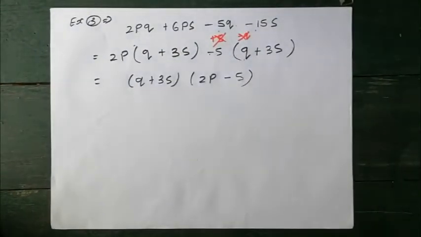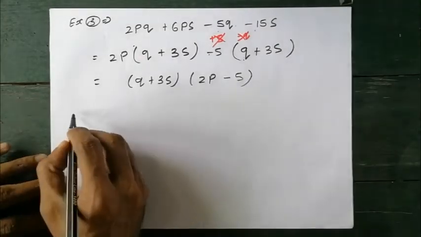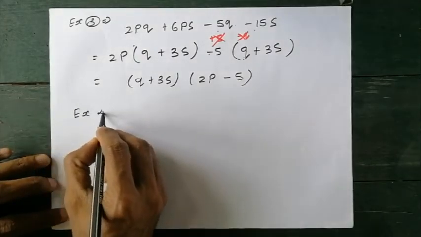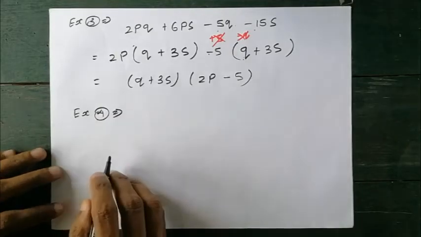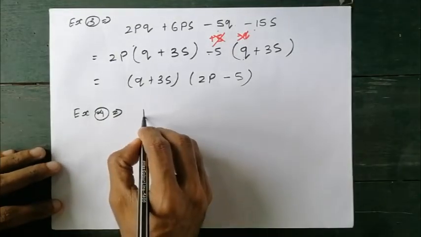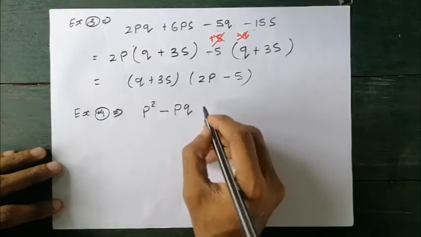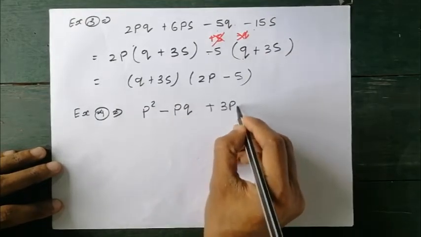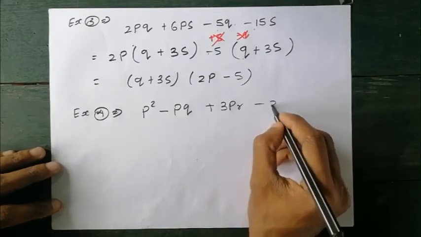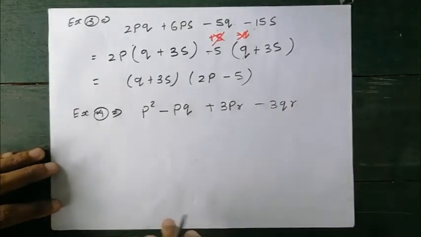Okay, that's our third example. So we are going to move to some different four-term examples. Example 4: p squared minus pq plus 3pr minus 3qr.